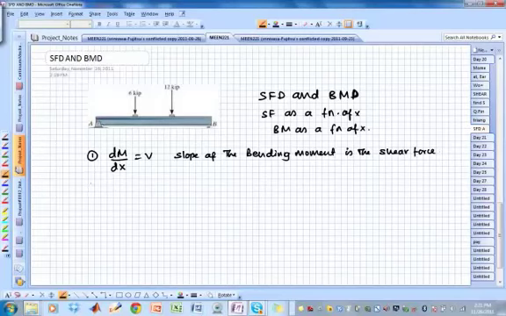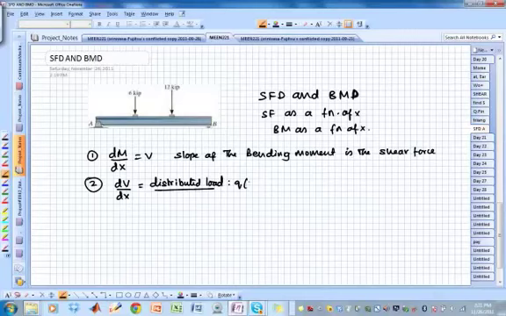The second thing is, the slope of the shear force diagram is the distributed load. So this is the same kind of thing: slope of shear force equals distributed load.